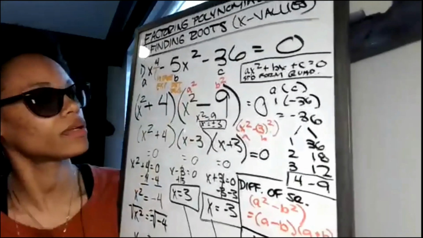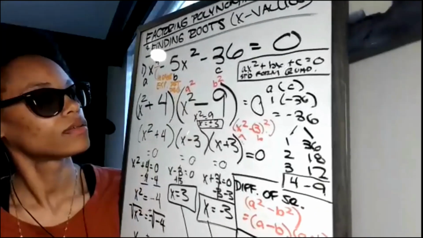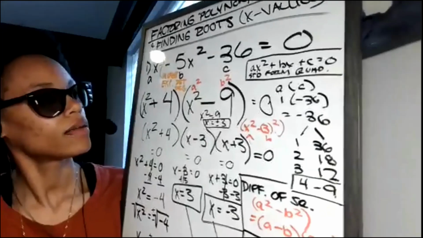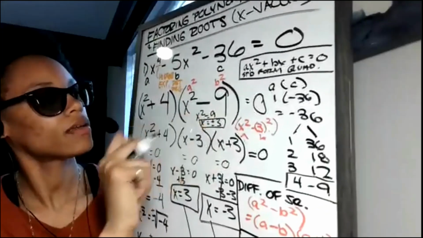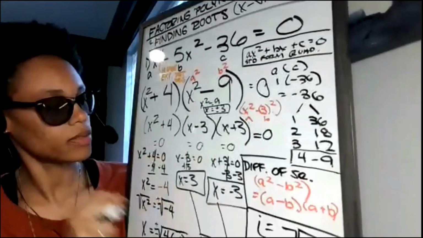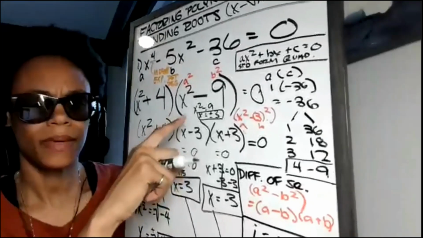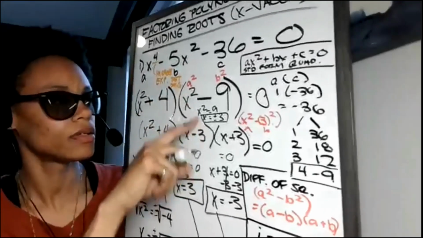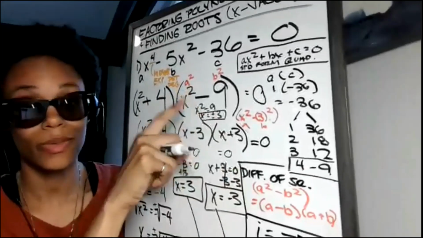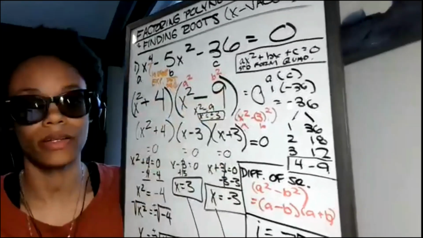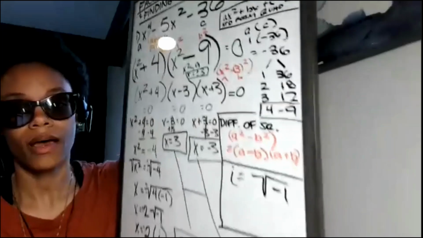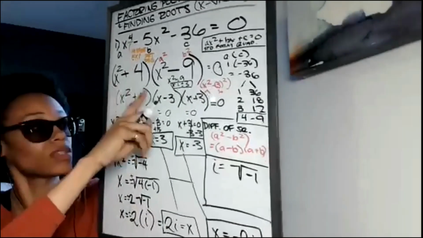Even from here, we could have said x squared equals 9, and then we would have got x is plus or minus 3. But I think either way would have worked. Here we applied our difference of squares, but we could have also set either factor equal to 0 and solved from there.